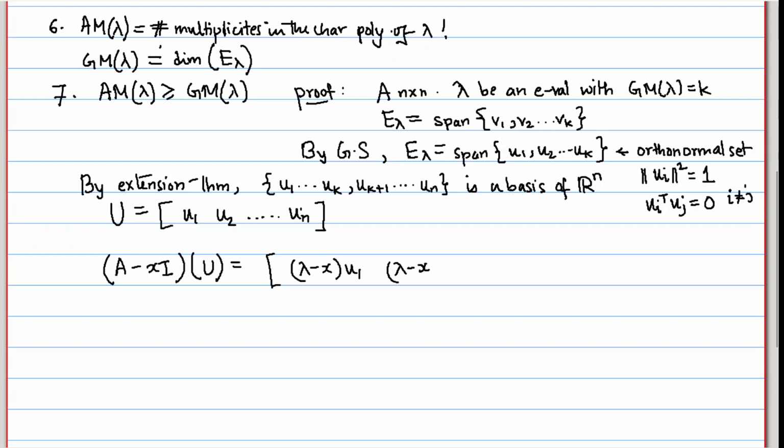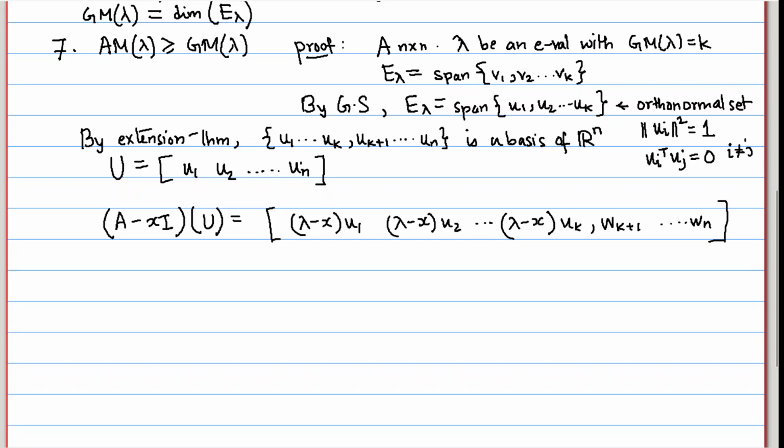Lambda minus x times u2, and so on. The kth column would be lambda minus x times uk. After that, it can be any column. We do not bother much about the others, but let's just write them as wk plus 1 up to wn.